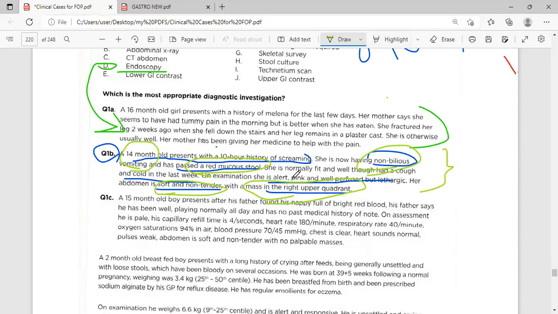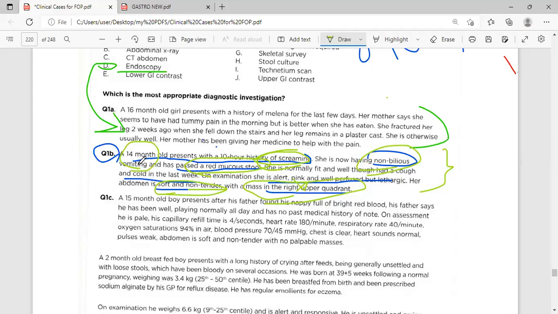First of all, there will be no mass, and usually normal gastroenteritis is caused by E. coli, with loose stools, not bloody stools. They said there was a red mucus stool. The second thing is the age of the child. The child is screaming, so he is having some abdominal pain, although it is non-tender, and there is some non-bilious vomiting.